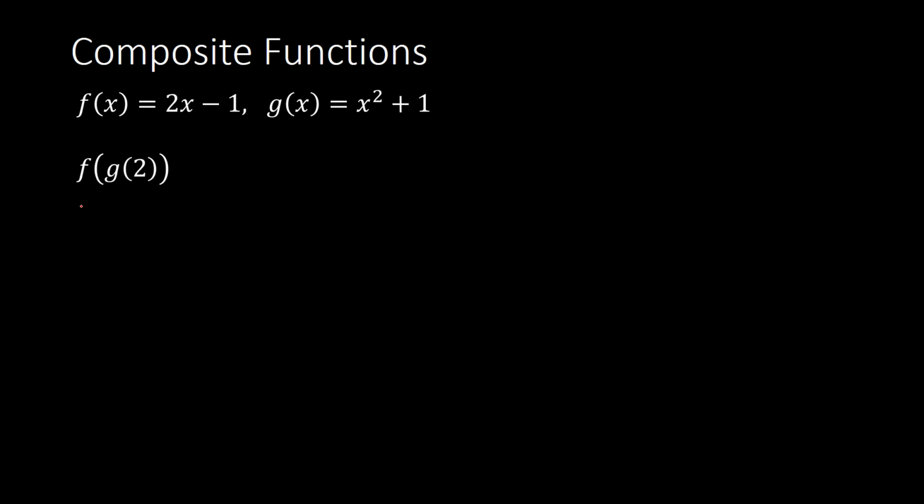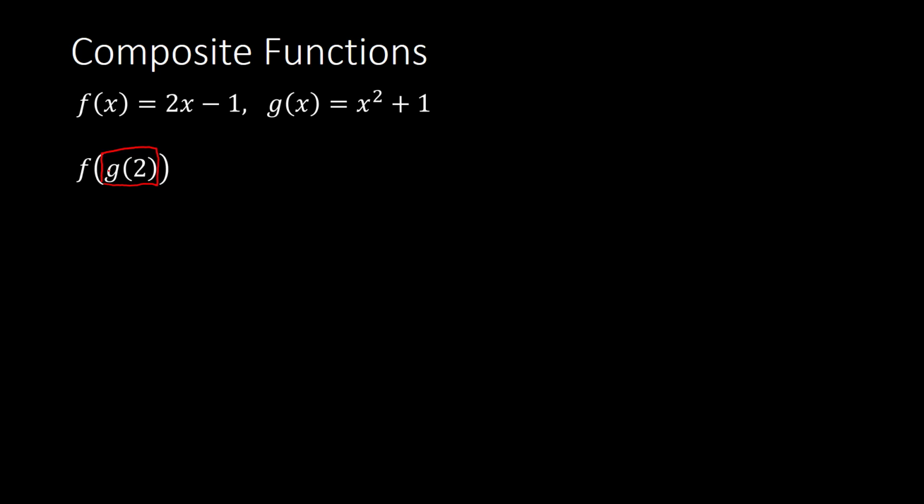So if we just think through basic arithmetic, if you have two sets of parentheses, you're going to start with the innermost parentheses first, and then work your way out. Same idea here. We're going to start with this g of 2, the innermost parentheses, and figure out what g of 2 is.